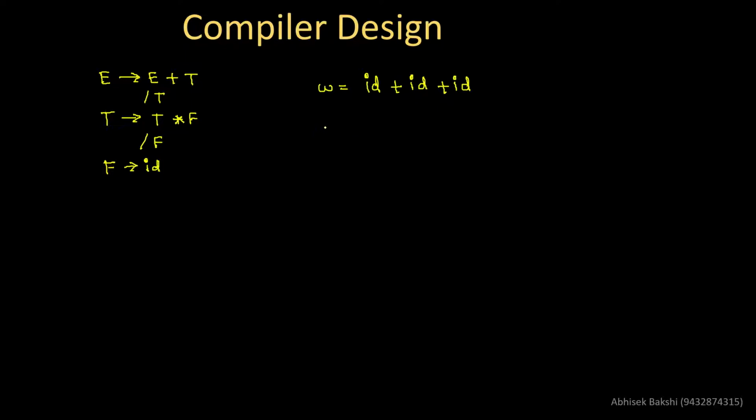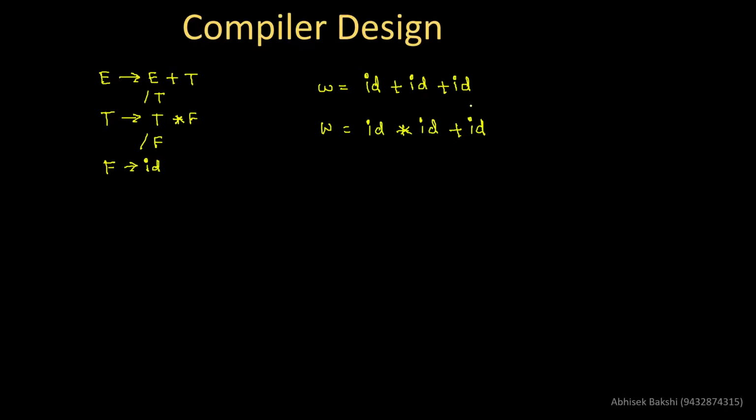There is another situation where I can generate something like this also: ID star ID plus ID. Now here also either plus or star will be computed first, but we have a very slight difference between these two expressions.